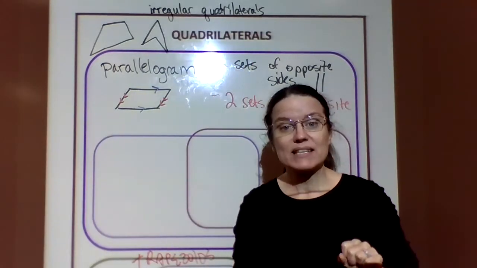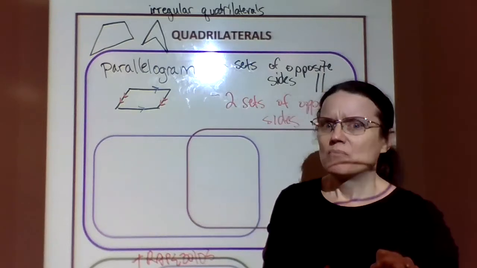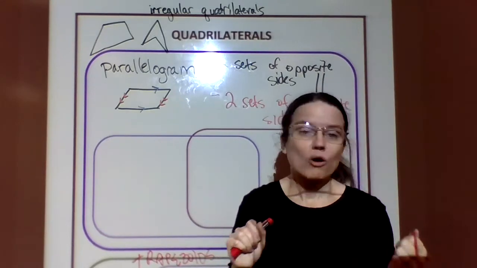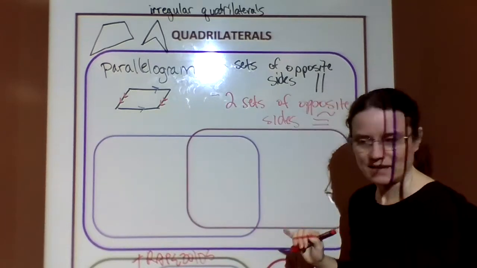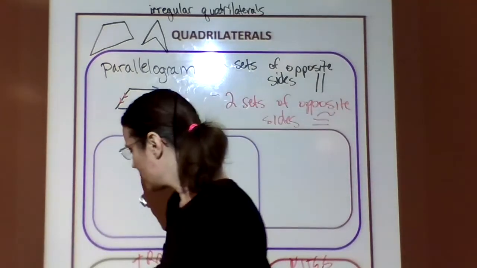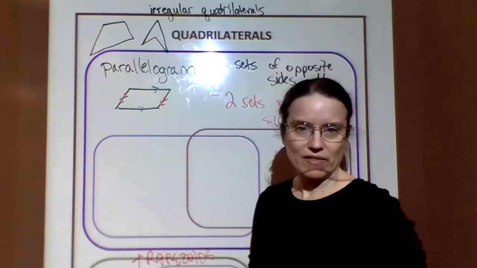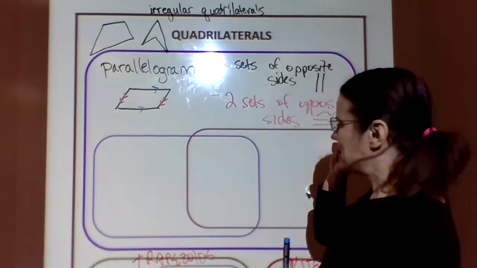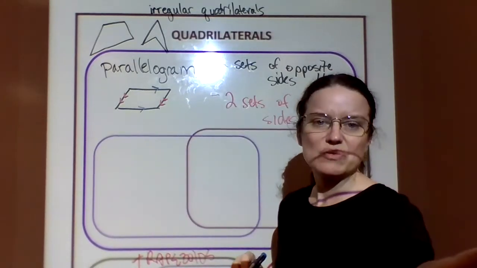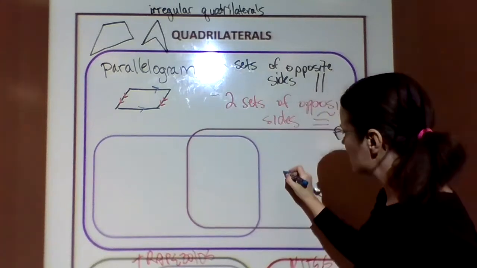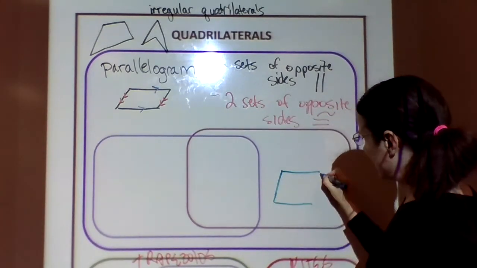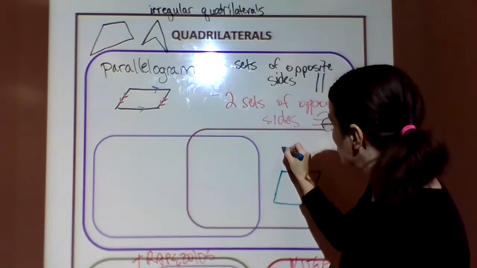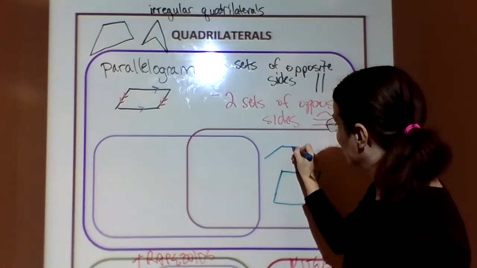Now, if you start wanting to get spiffy with whether sides are congruent or where the angles do certain things, that's when you get into these special little subsets that we're going to run through here. So let's say you take a parallelogram and you decide I'm not going to do anything to the angles. It could be any old angle it wants to be. Something like that. It could be nice and tall, or it could be super duper flat even.